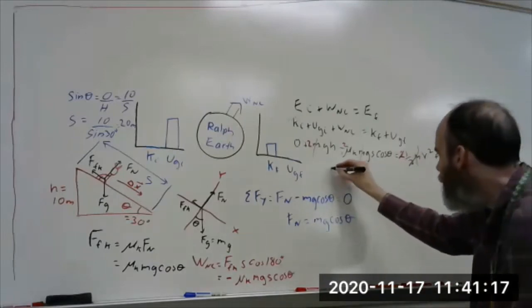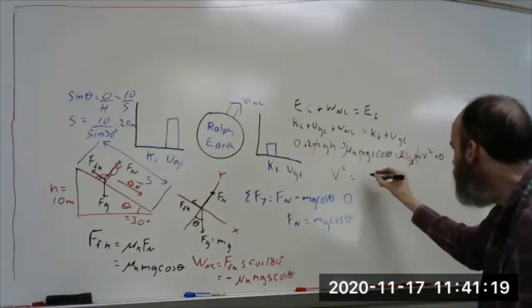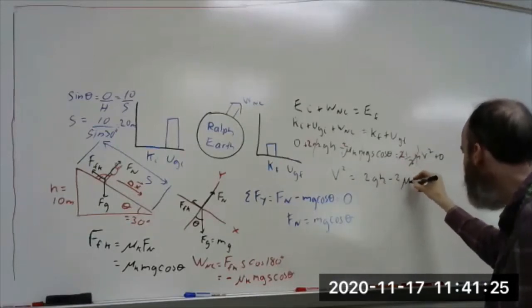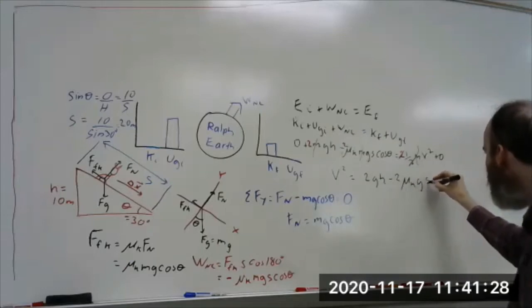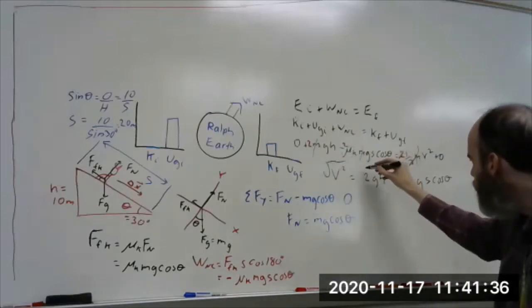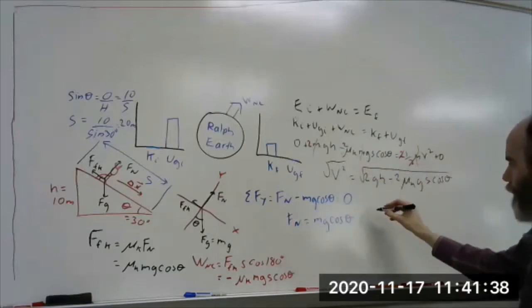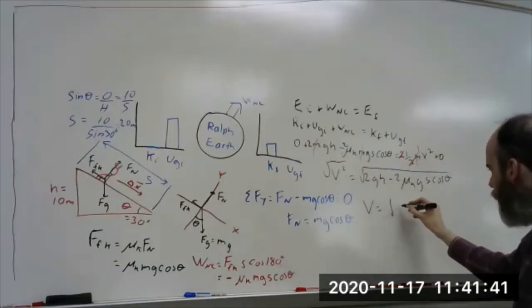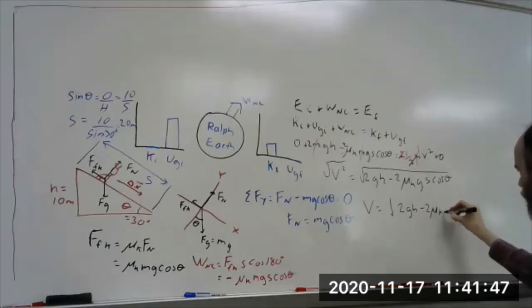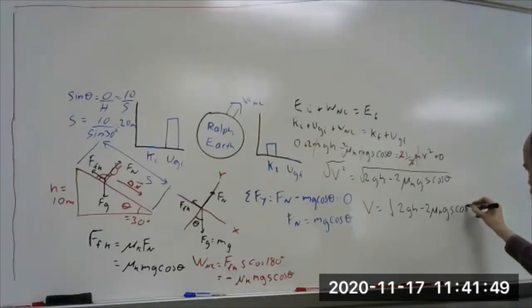We get V squared equals 2GH minus 2 mu K GS cos theta. And then we should take the square root of both sides. Square root of V squared is V. So we get V equals square root 2GH minus 2 mu K GS cos theta. Like that.